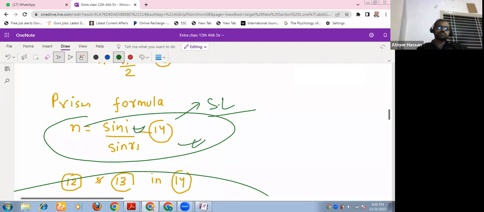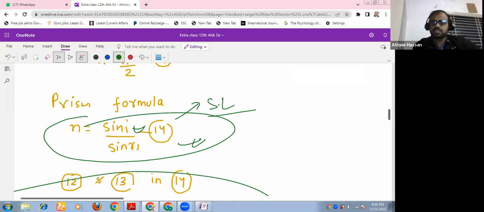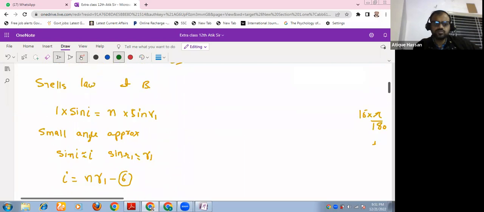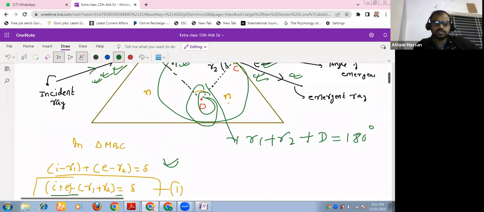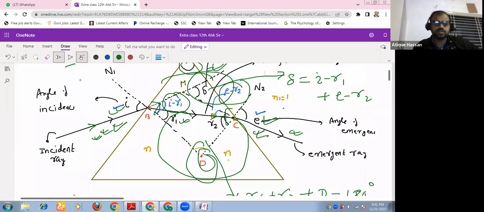You were asking this one. Yes, sir. This one you can apply Snell's law at the surface. Here you can apply this Snell's law. 1 into sine I will be equal to mu into sine R1, right?